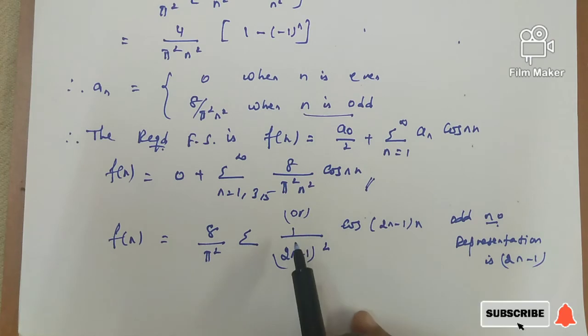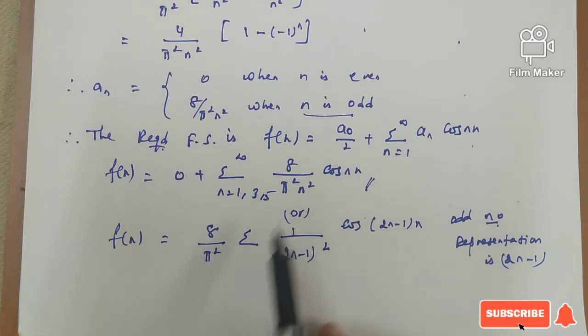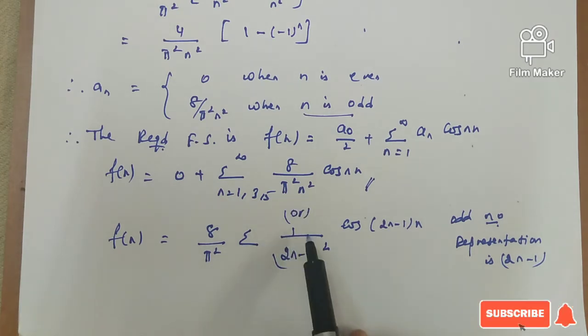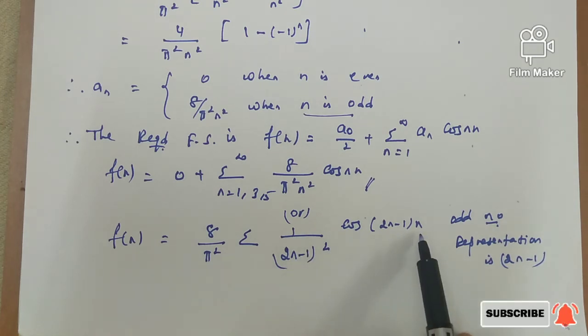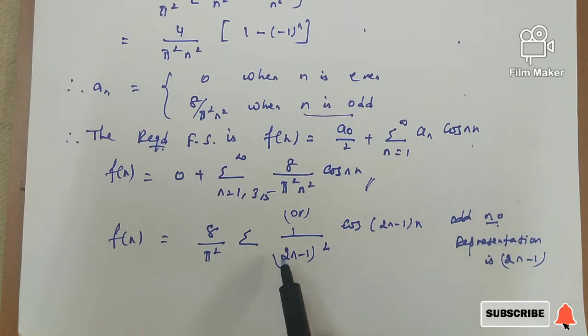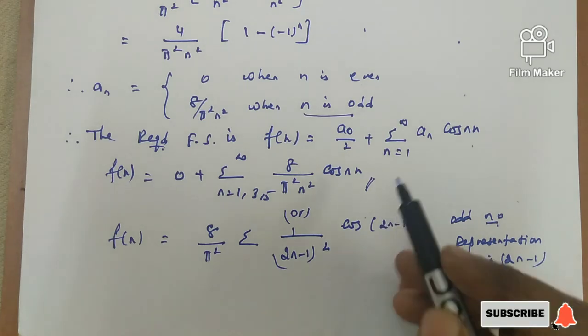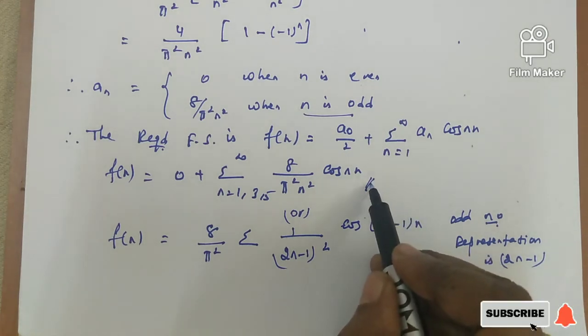Some authors write it like this: 8 by pi square outside, sigma of 1 by 2n minus 1 the whole square cos of 2n minus 1 into x. This is also right because the odd number representation is 2n minus 1. If you are able to understand, you can write this, otherwise the problem is completed up to this only. So now the first part of the problem is over.